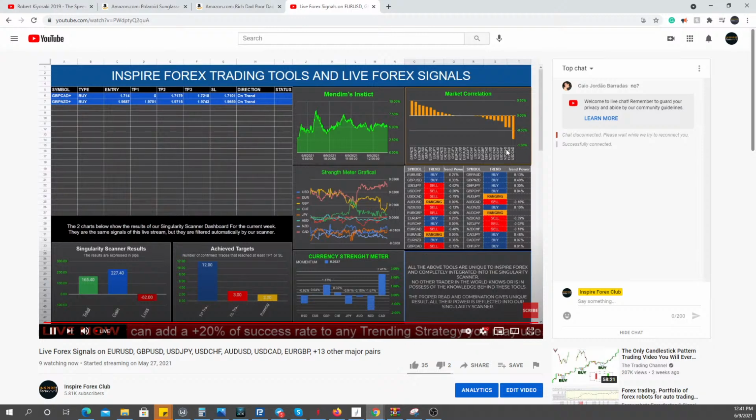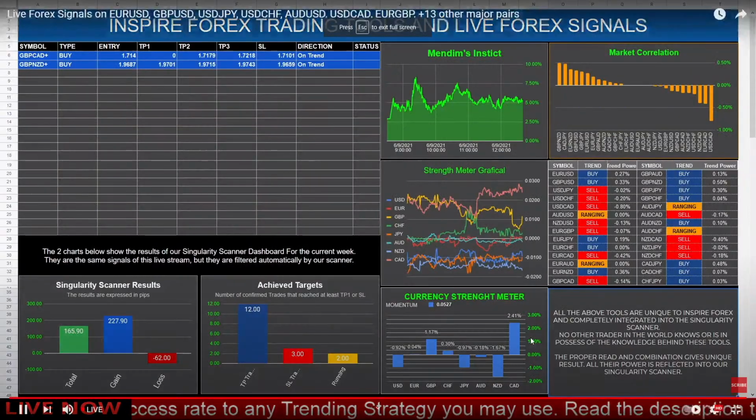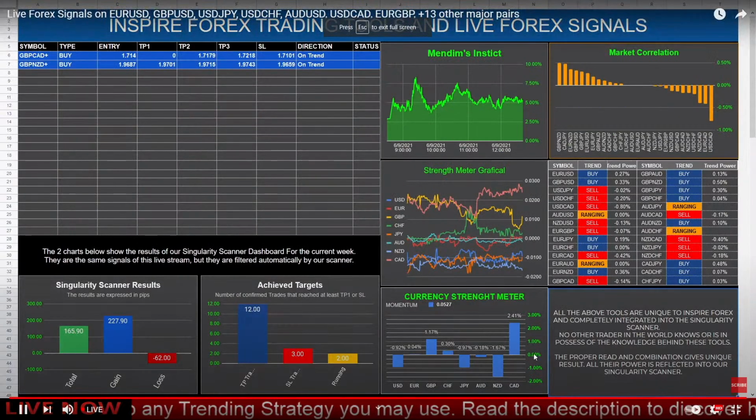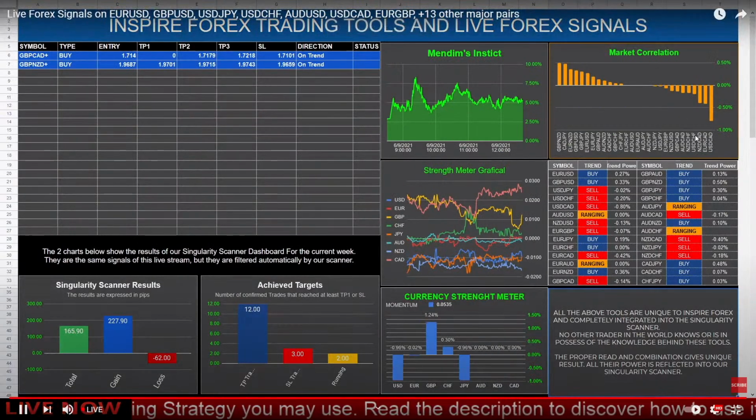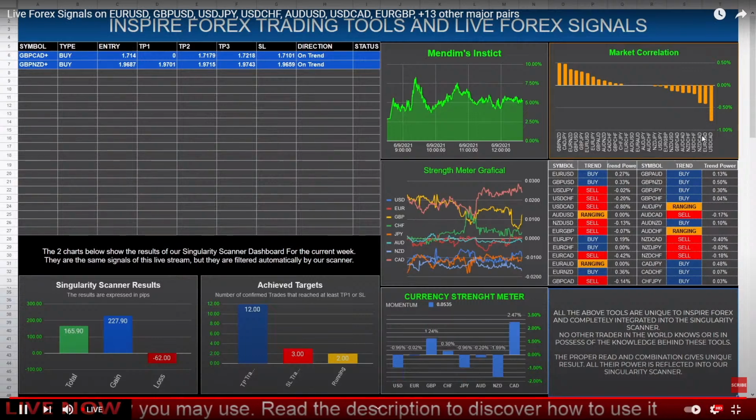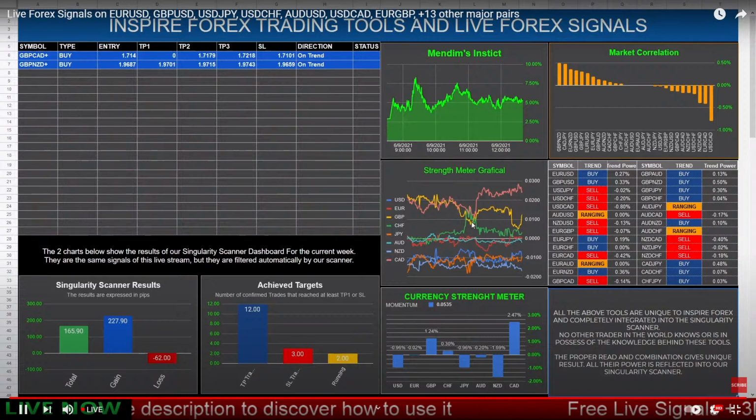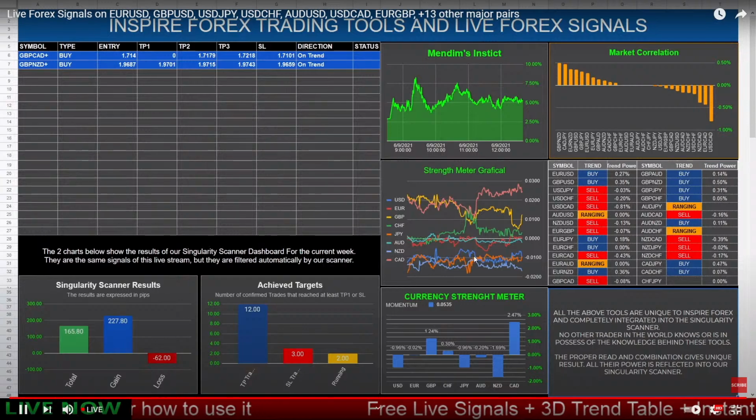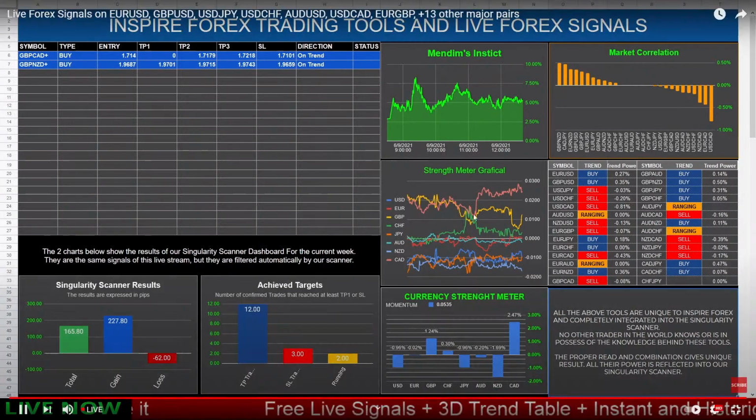And here it is, the third one. NZD/CAD is a sell. Let me make this image a little bit bigger so you can see better. NZD/CAD, here it is. So you check if the performance on the strength meter tells the same thing, then you can go ahead.